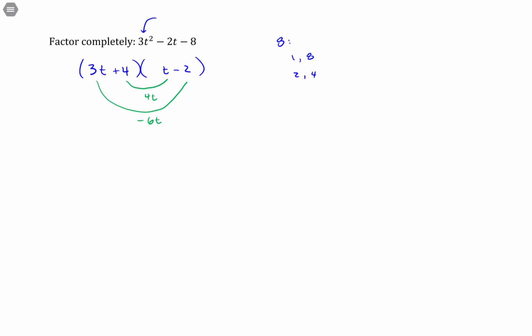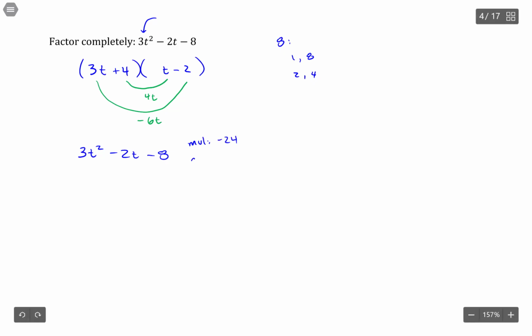Now, if you're not so in tune with a process like that, another alternative is to use factor by grouping. So effectively, what you do is you look for two numbers. Let me write this again. 3t squared minus 2t minus 8. You look for two numbers that multiply to the product of -8 and 3, which would be -24.